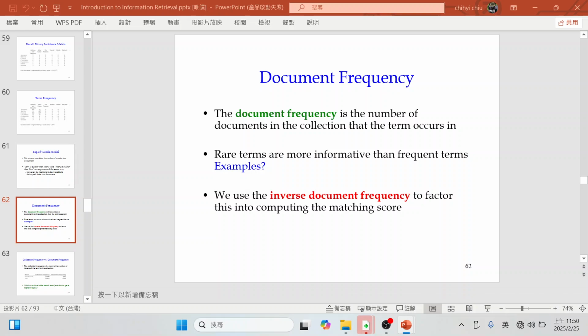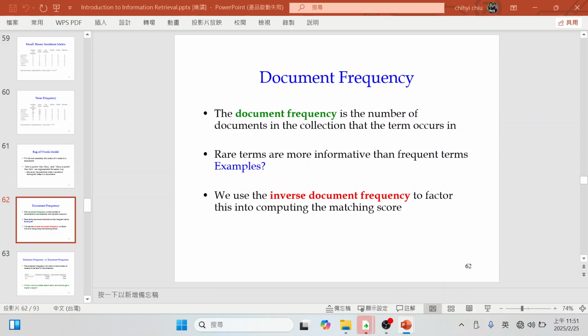And there is another frequency called the document frequency. The document frequency measures the number of documents in a collection in which the term occurs. The idea is, if a term appears in many documents, its document frequency will be high, so it means the word is less informative.